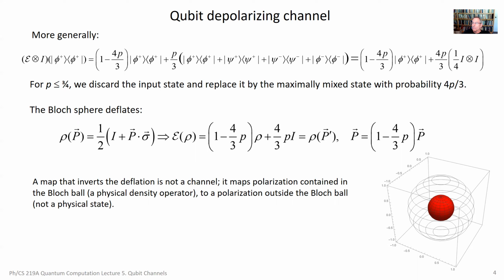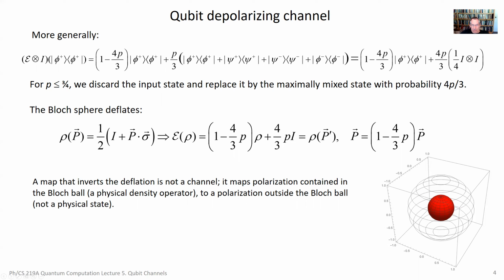And from the point of view that I just described, either we do nothing, so rho of p is unchanged, or with probability 4p over 3, we replace the state by the maximally mixed state.